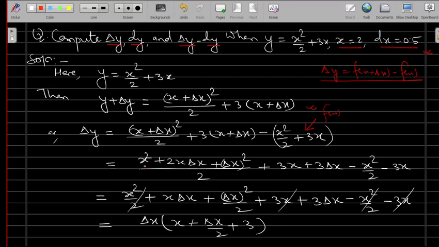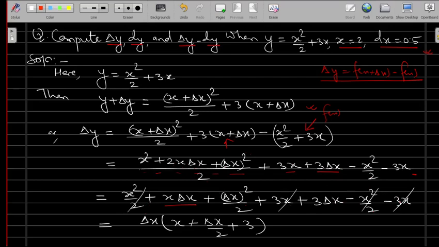Then (a plus b) whole square is a square plus 2ab plus b square, so we get by 2 plus 3 times x plus 3 times del x in this step, minus x square by 2 minus 3x. Then, separating the terms, x square by 2, 2x del x by 2 is x del x, and del x square by 2 is the third part, plus 3x plus 3 del x minus x square by 2 minus 3x.